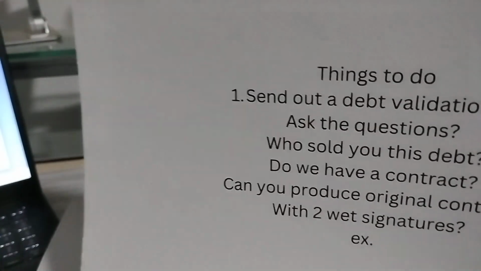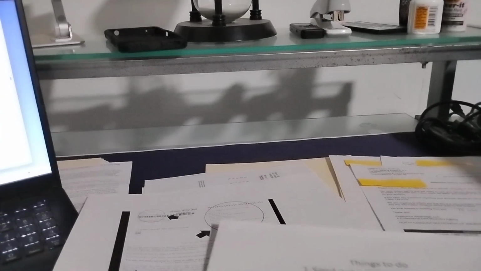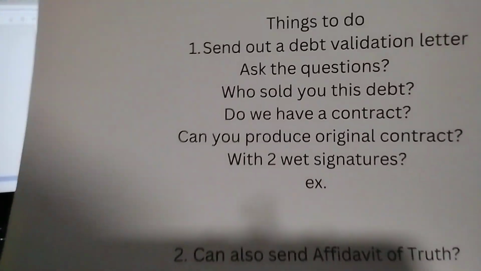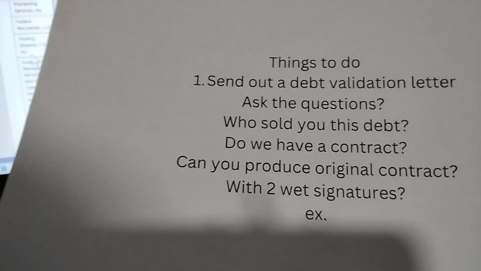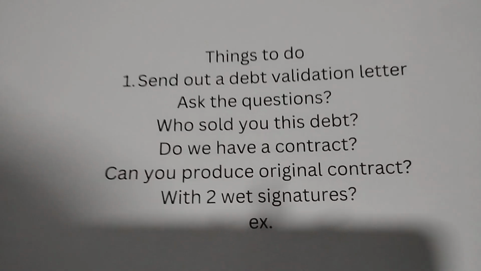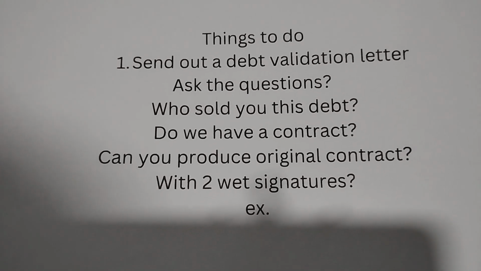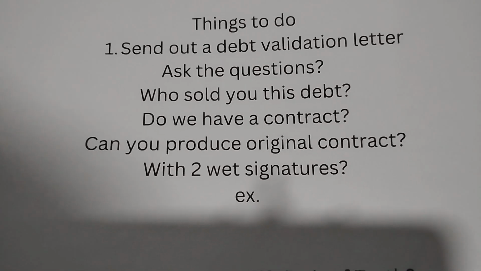I had all this on my other computer, but it broke, and I don't have the templates anymore. I need to get them somehow, but that's why I'm making this video like this. Things to do: send out a debt validation letter. Ask the questions: who sold you this debt?